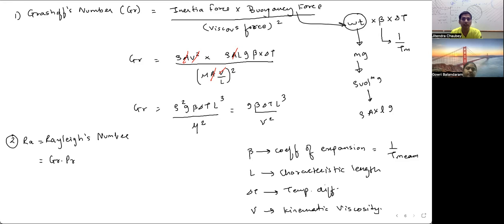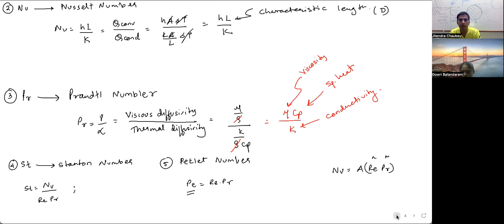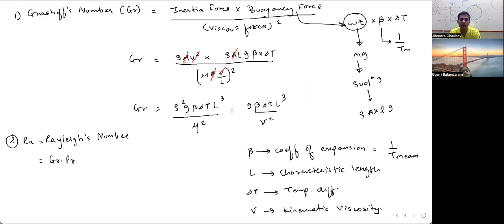Most of the time we use Rayleigh number. Rayleigh's number is basically the product of Gr and Pr, similar to Peclet's number, which is the product of Re and Pr. In the case of natural convection, you will always find Rayleigh's number, that is Gr times Pr. Sometimes you use Rayleigh's number, sometimes you use Gr and Pr independently.